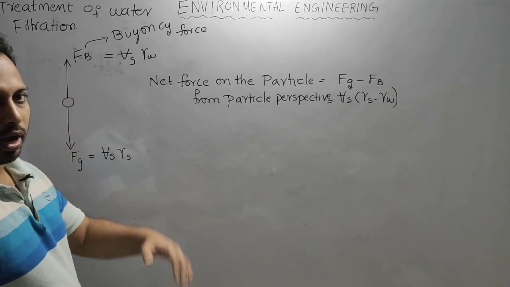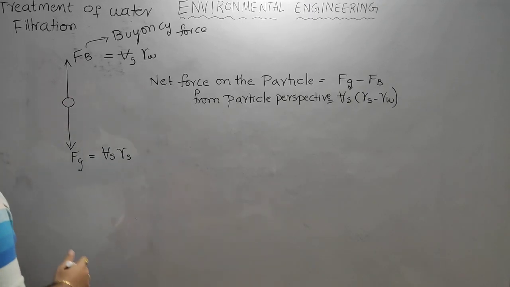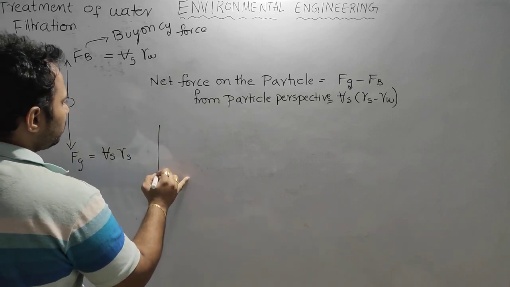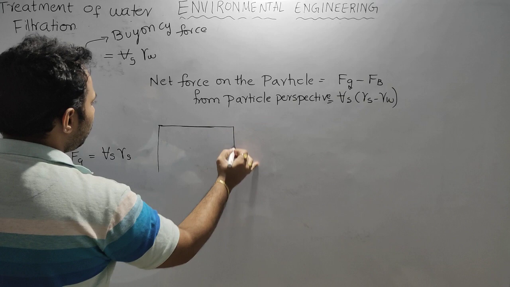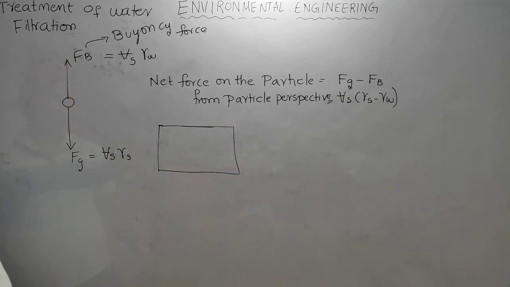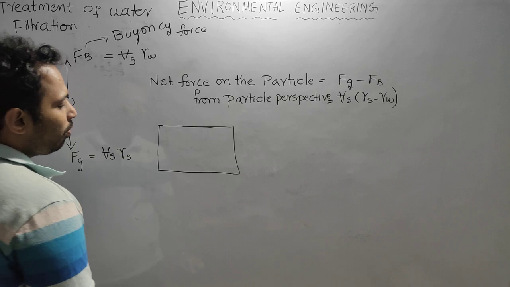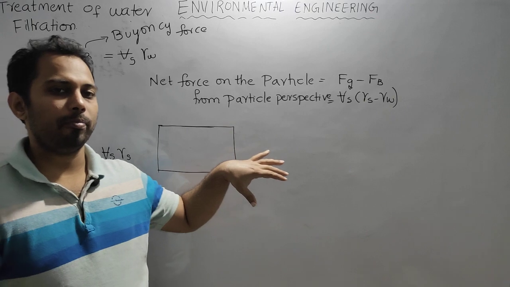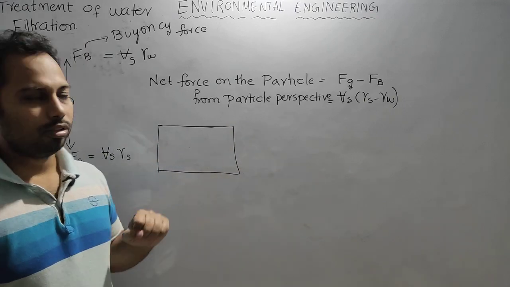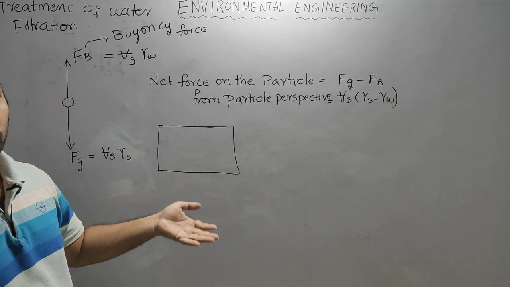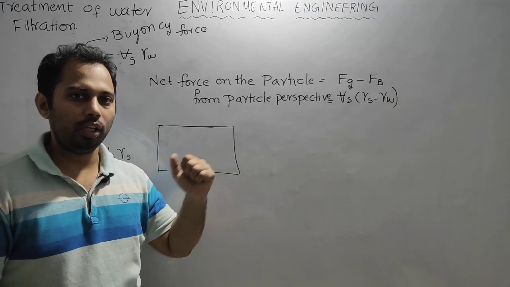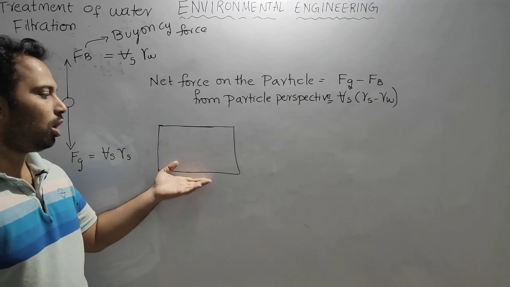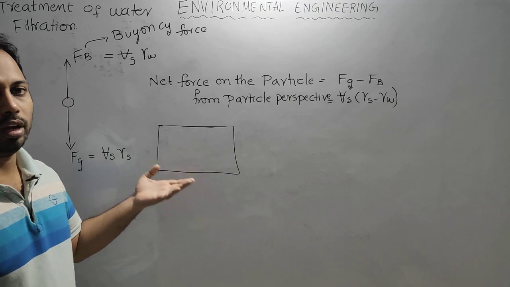If I take a group of particles together, that is the media bed. On this group of particles, the same net force we can identify from the pressure point of view. Because of the increase of the velocity, or the increase of the compressed air pressure, as I told you already, it will cause some thrust on the filter media bed.